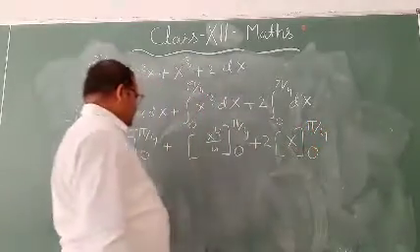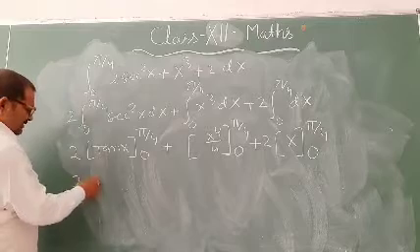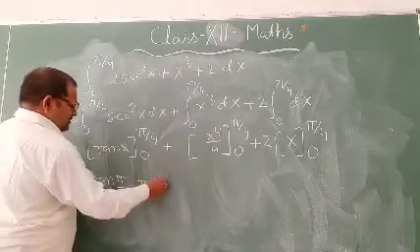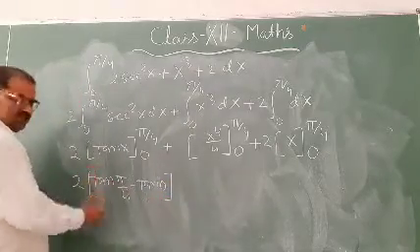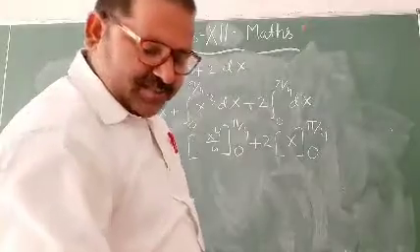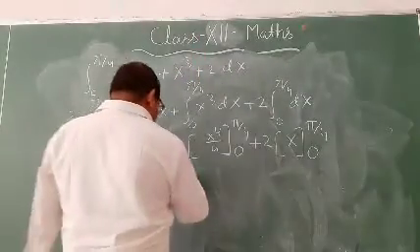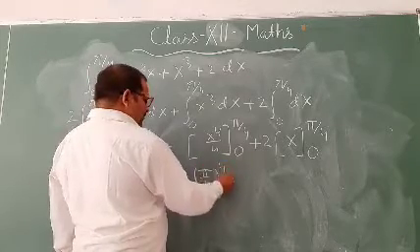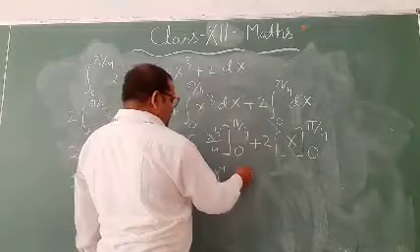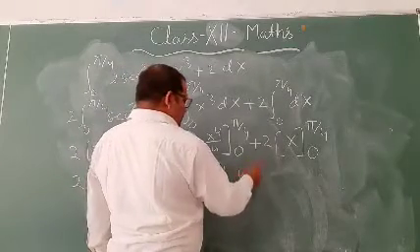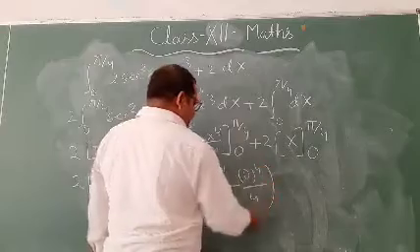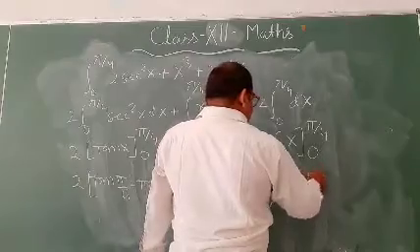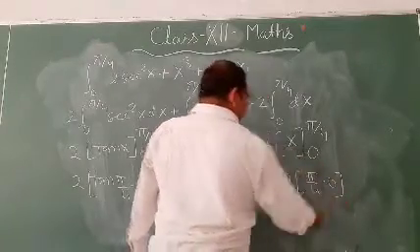That is 2 times (tan pi by 4 minus tan 0) plus (pi by 4) power 4 upon 4 minus 0 plus 2 times (pi by 4 minus 0).